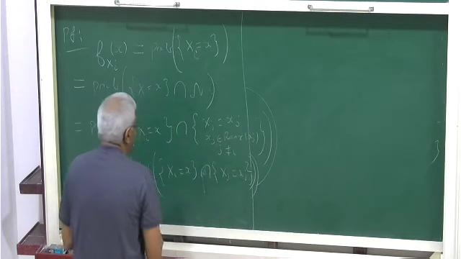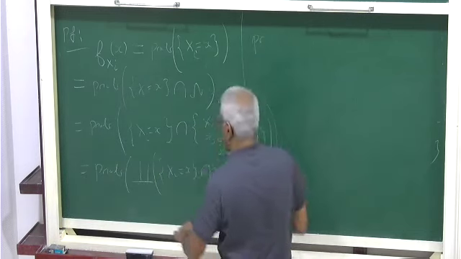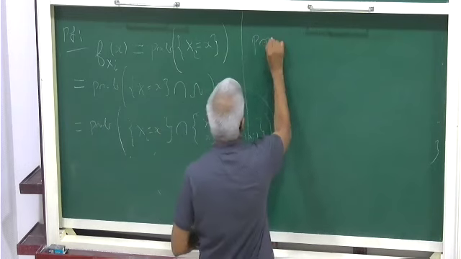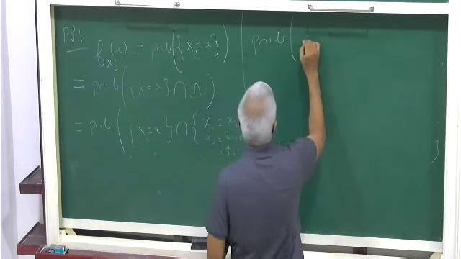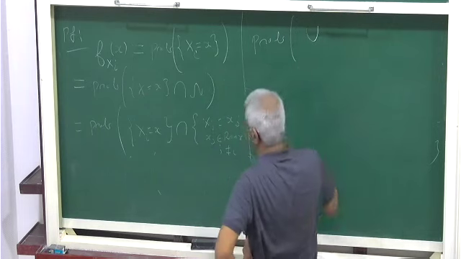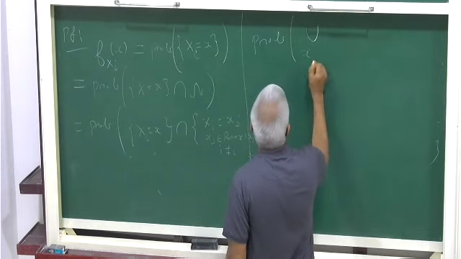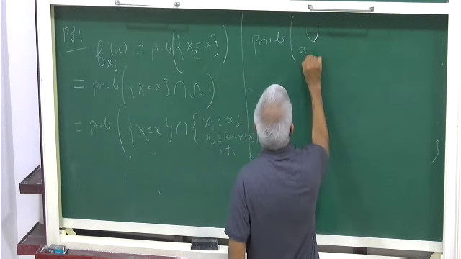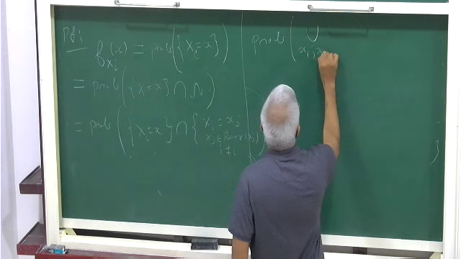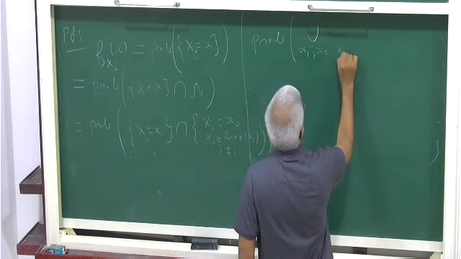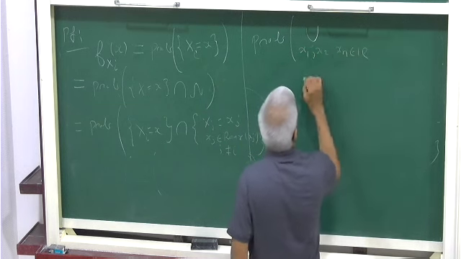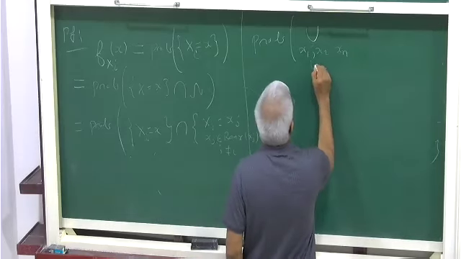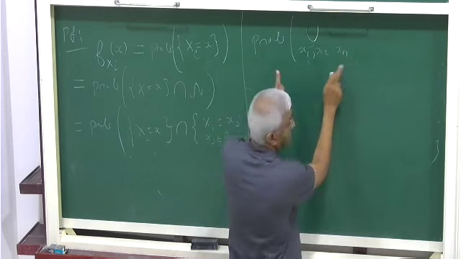Let's write it more clearly: the probability of the union over (x1, x2, up to xn) in R, such that, in this, there is no x_i.